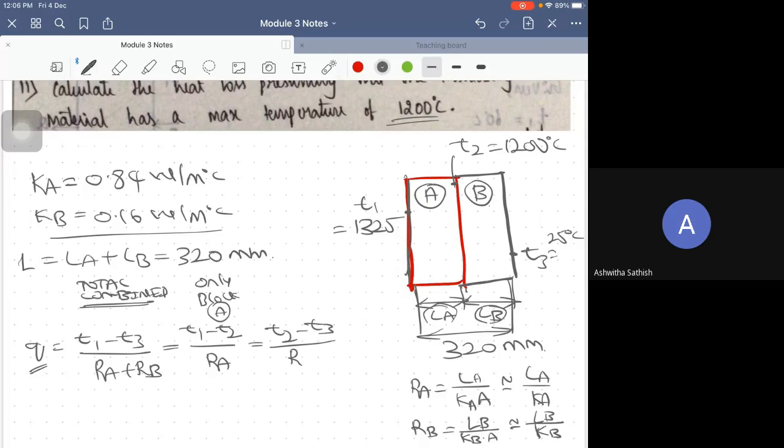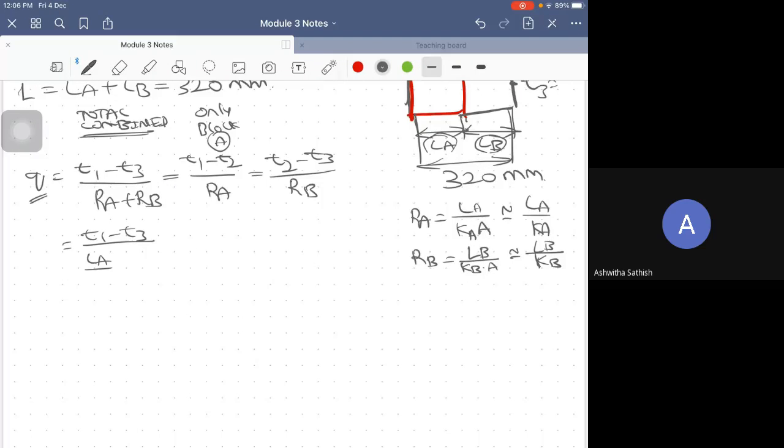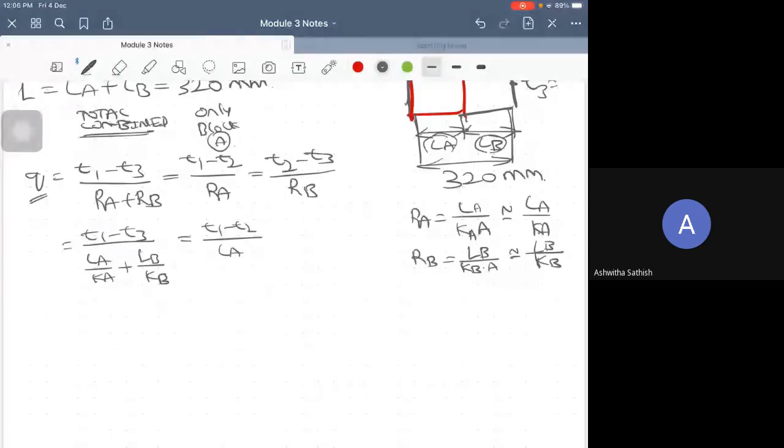Now, substituting the values of RA and RB: T1 minus T3 divided by LA divided by KA plus LB divided by KB, equals T1 minus T2 divided by LA divided by KA, equals T2 minus T3 divided by LB divided by KB.